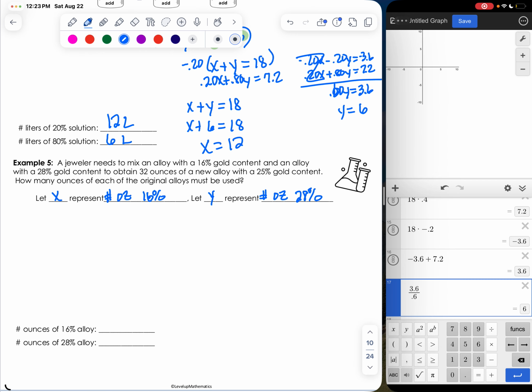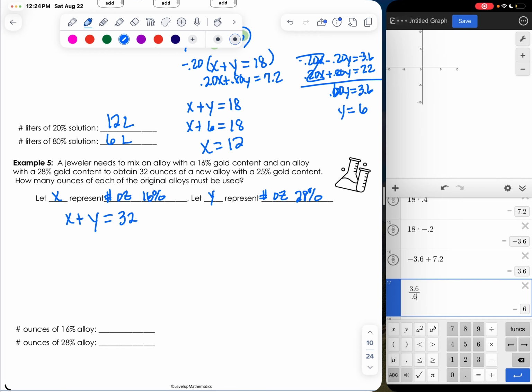All right. Now, just like my ticket problem and my quarter and dime problem, the first thing I want to do is write an equation for the total number of ounces. And in this problem, it said we wanted to produce 32 ounces of the new alloy. So the number of ounces of the 16% alloy plus the number of ounces of the 28% alloy is going to equal a total of 32 ounces.